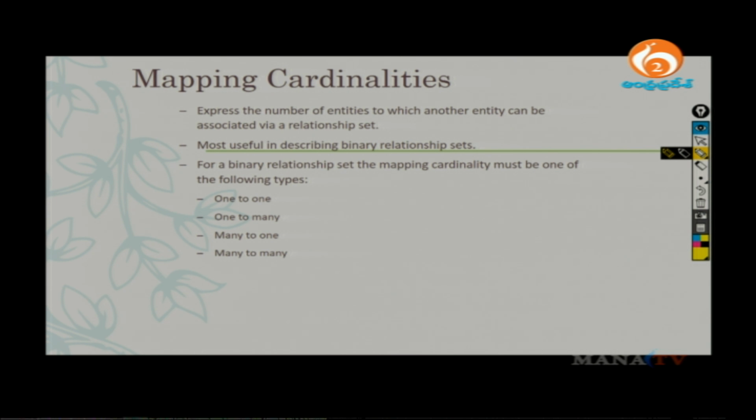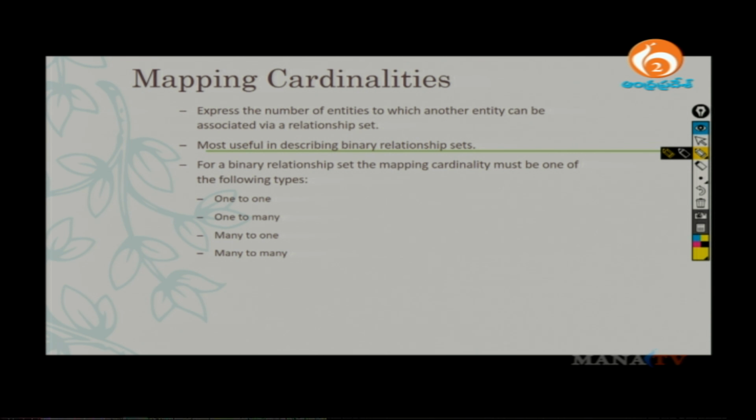How you map the attributes of the parts is very important. Mapping cardinality expresses the number of entities to which another entity can be associated via a relationship set. That is, for example, if I want one table to be mapped with another table, everything is via the relationship concept.